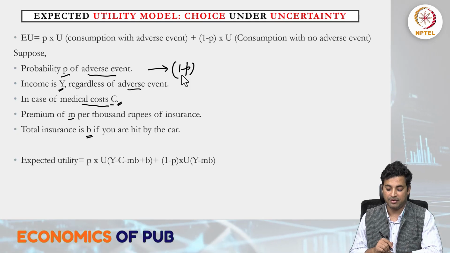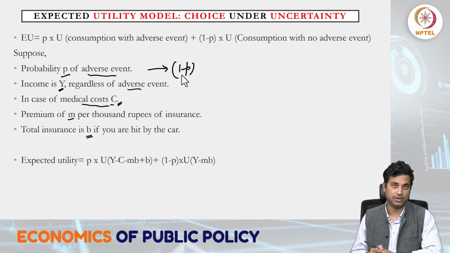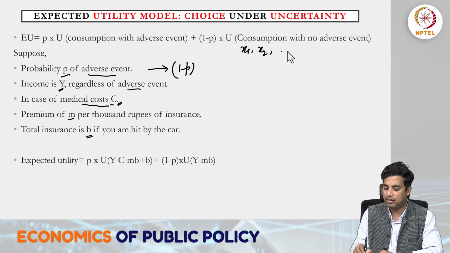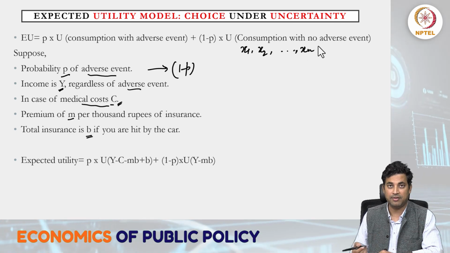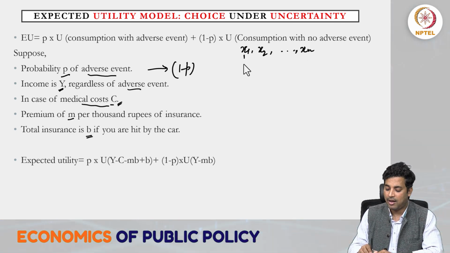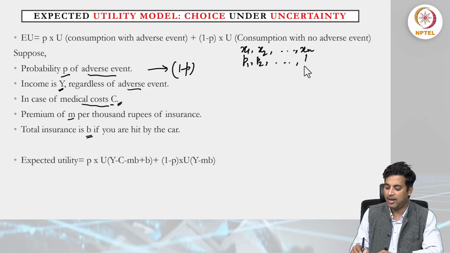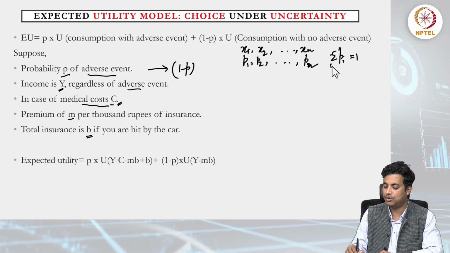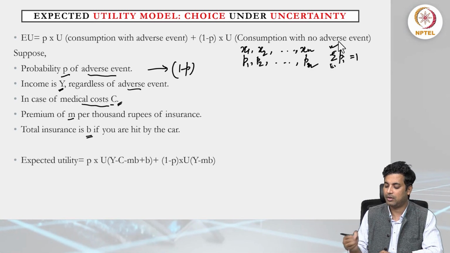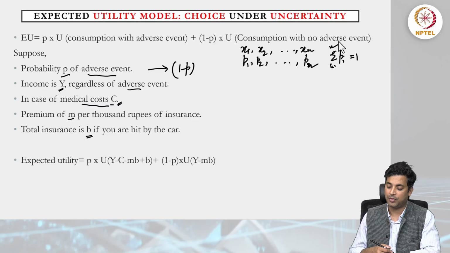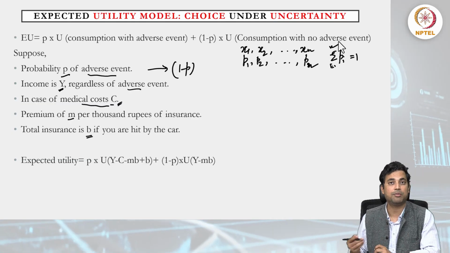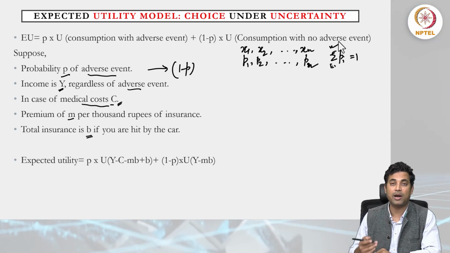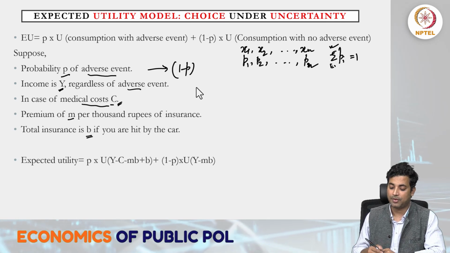From our previous examples with x1 to xn and p1 to pn, remember that the summation of Pi will be equal to 1. So assuming the total probability is 1, if P is the probability for the adverse event, then 1 minus P will be the probability for no adverse event.